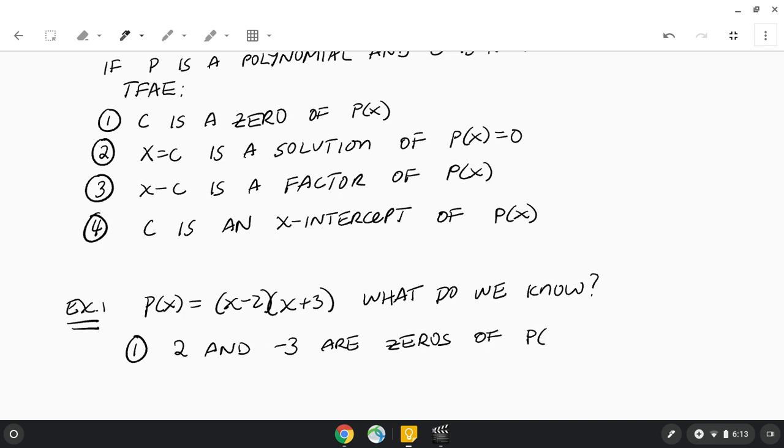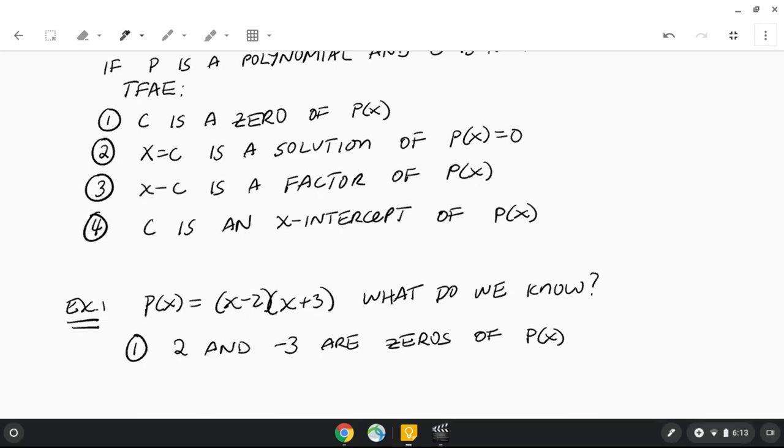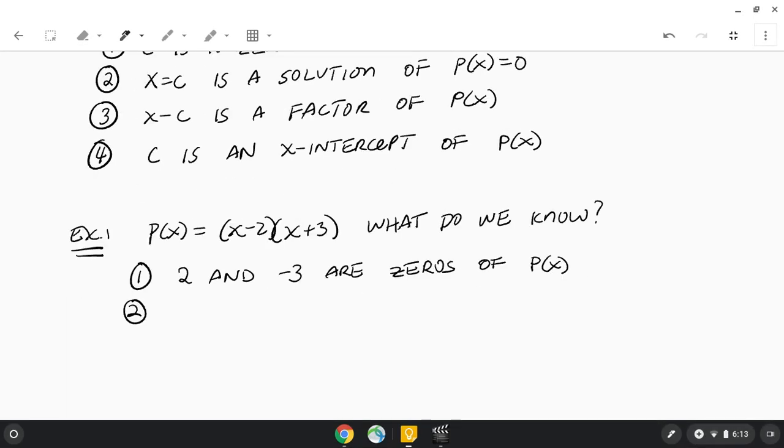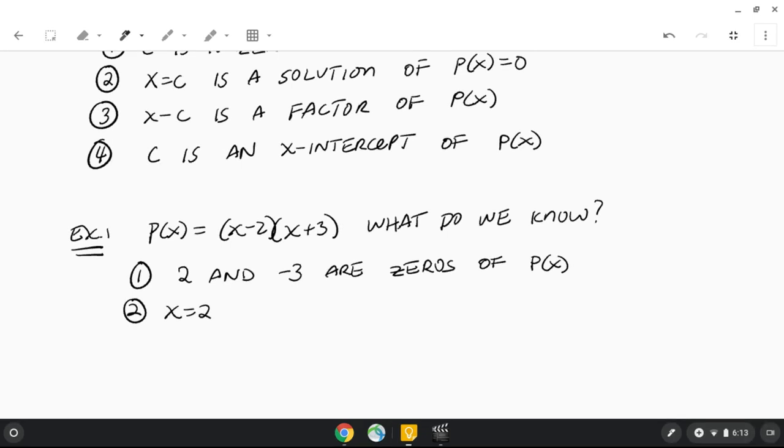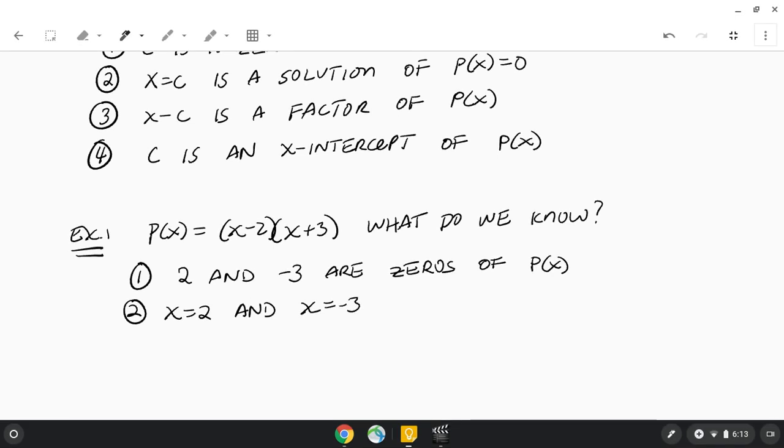2 and negative 3 are zeros of the polynomial. Okay, the second one, x equals c, is a solution. So the way we write that, x equals 2 and x equals negative 3 are solutions of p of x equals 0.